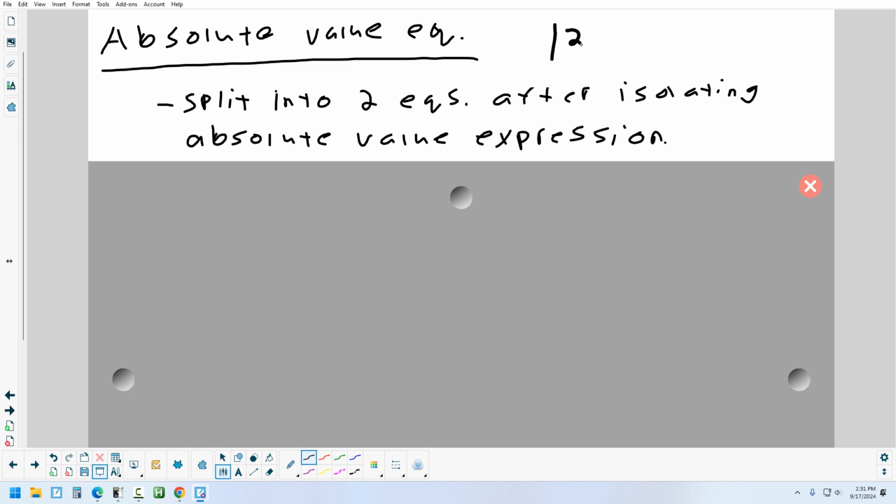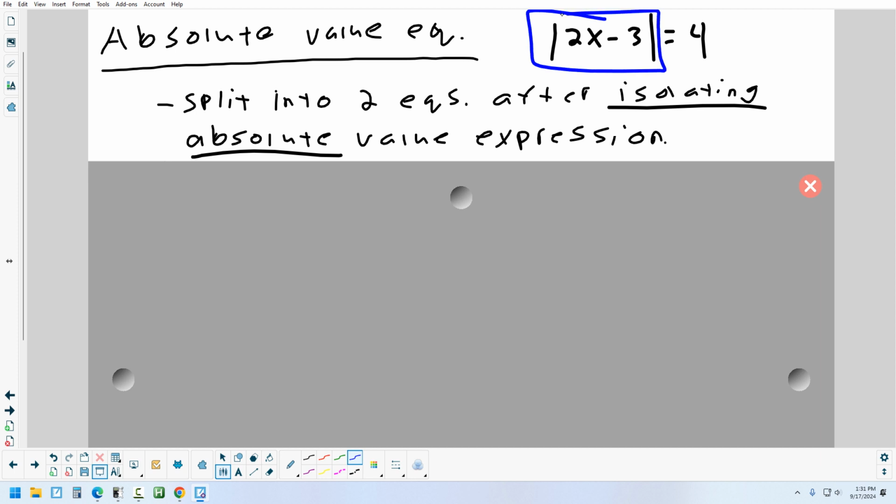First of all, you'd be given a problem that looks something like this: absolute value of 2x minus 3 equals 4. The first step is to isolate the absolute value. That means make sure that this part is by itself and there's nothing else next to it.